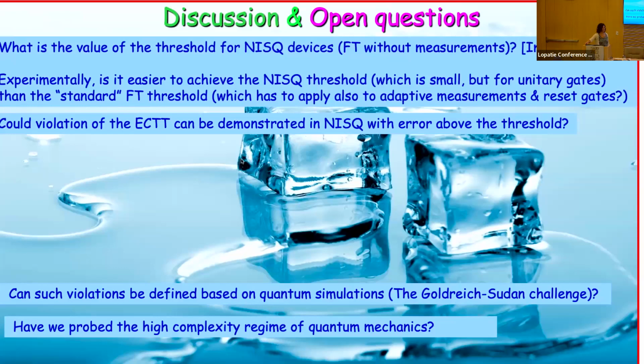Sorry, just before the second question, could you potentially take advantage of the fact that you're only targeting log depth circuits when evaluating the threshold? Usually you want that threshold to apply to polynomial length. Does it matter?